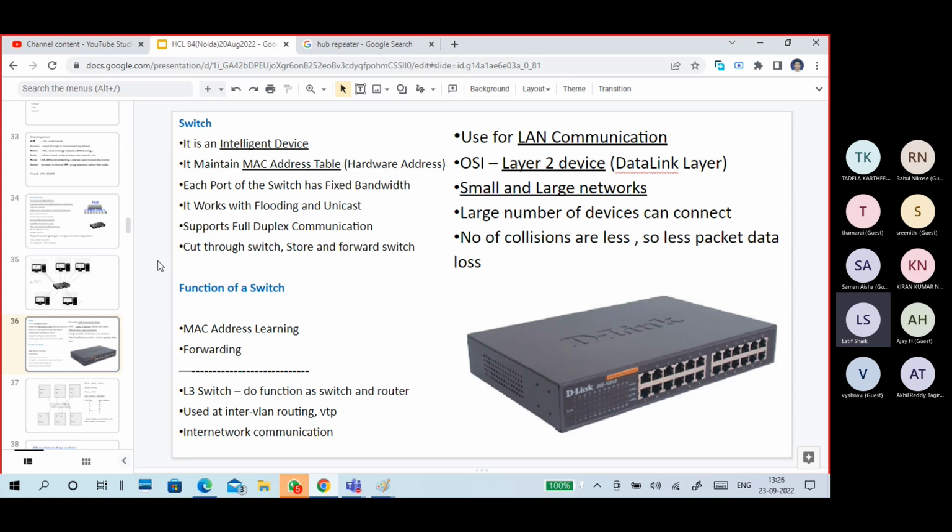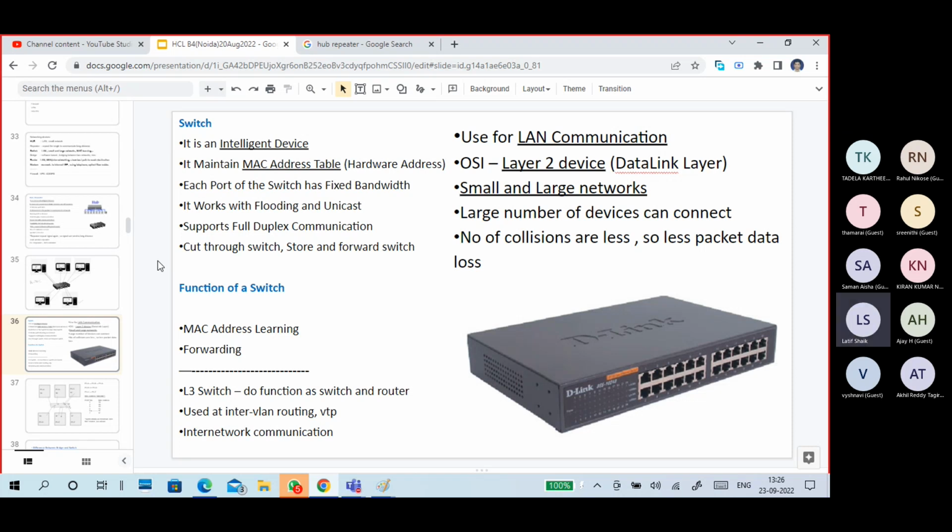Switch creates a MAC address table by learning the MAC addresses of the devices and mapping each to the port number which the device is connected to. Hub is a layer 1 device, switch is a layer 2 device. Switch learns MAC addresses and forwards the packets.